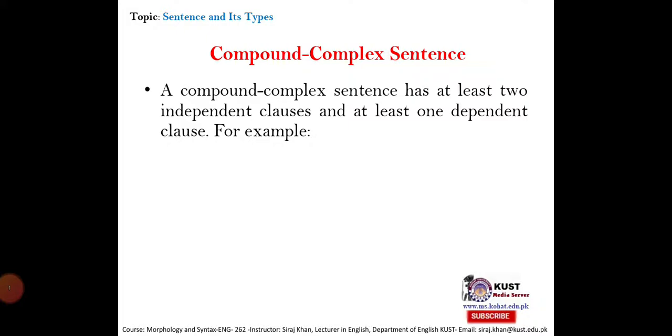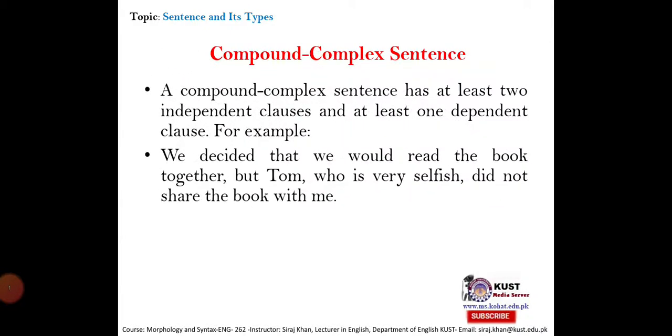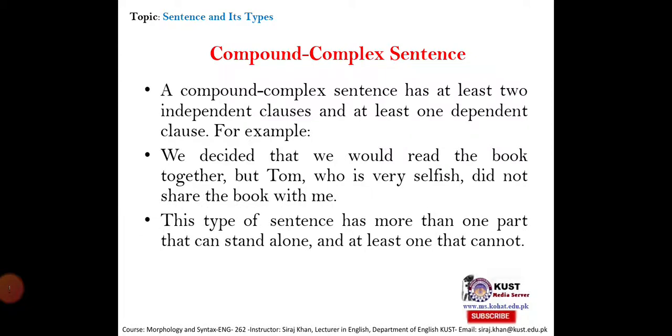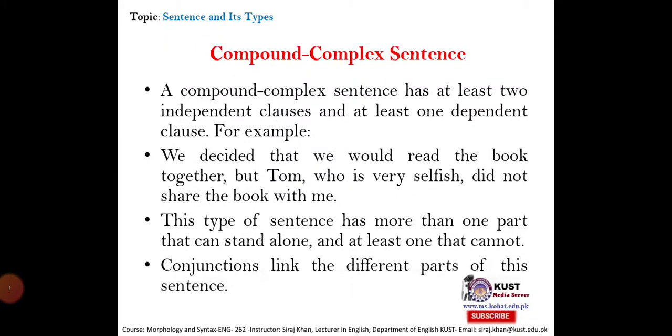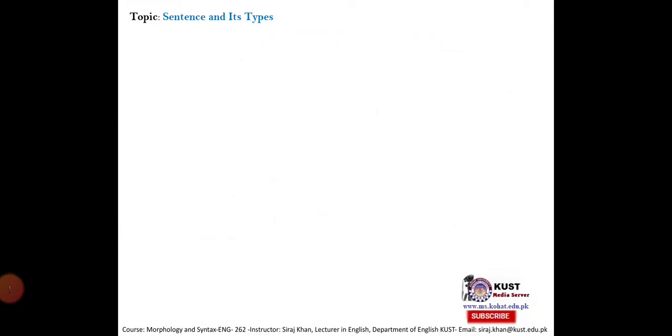Conjunctions link the different parts of this sentence. For example, we decided that we would read the book together, but Tom, who is very selfish, did not share the book with me. This type of sentence has more than one part that can stand alone and at least one that cannot. Conjunctions link the different parts of this sentence.